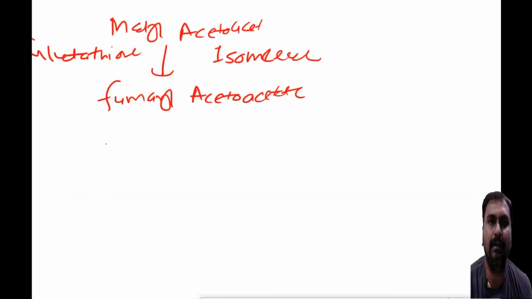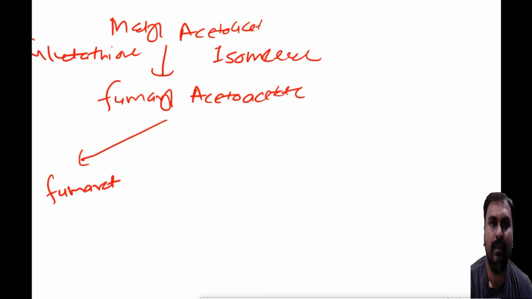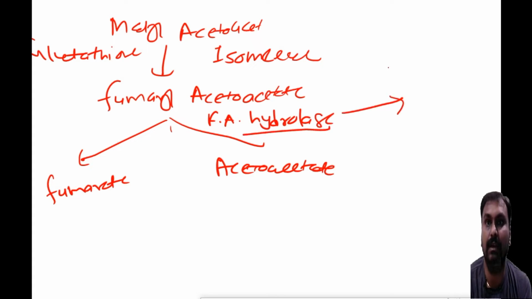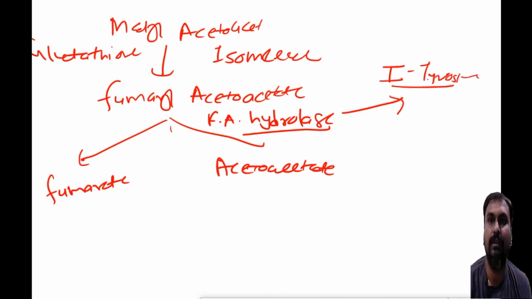Now this fumarylacetoacetate is converted to fumarate and acetoacetate by the enzyme fumarylacetoacetate hydroxylase. If this enzyme is deficient, it leads to type 1 tyrosinemia. We have seen type 2 tyrosinemia, where tyrosine transaminase is deficient, and type 3, where PHPP hydroxylase is deficient.